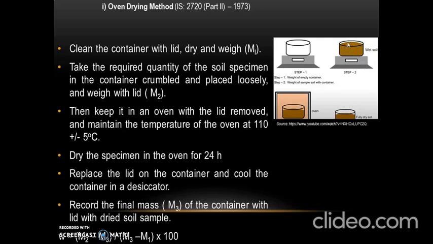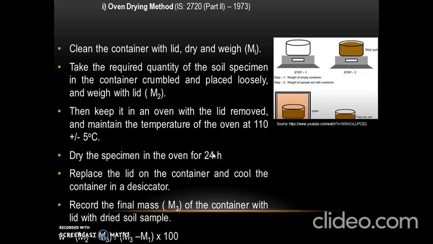Later on, the whole setup will be kept in oven in order to dry it, and the temperature maintained would be 110 plus or minus 5 degrees Celsius. And drying of the sample has to be carried out for 24 hours. That means the container along with the soil sample will have to be kept in oven for about 24 hours.